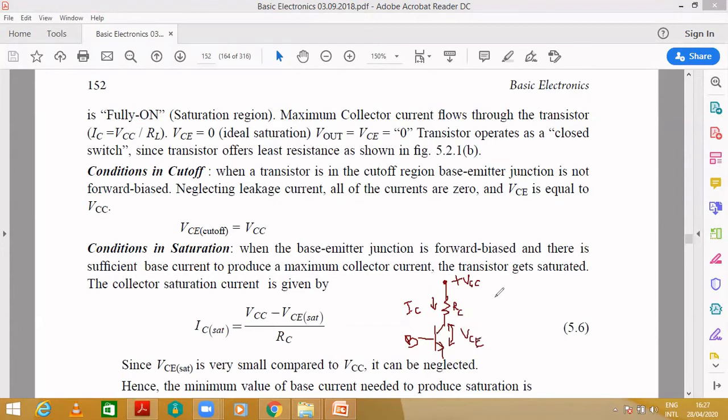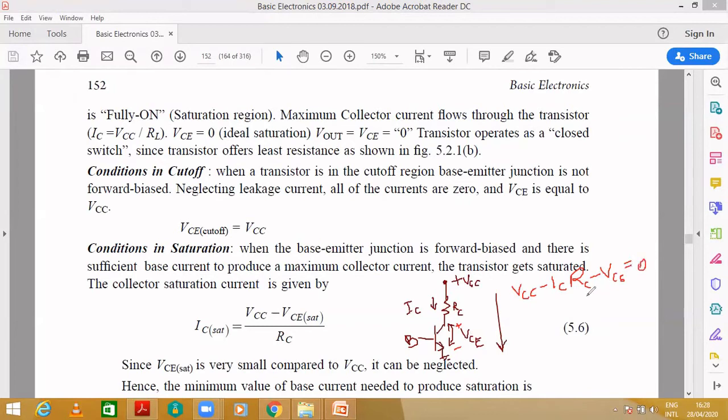If I apply KVL across this, let's start from here, and it is grounded over here. So what is the equation? It will start from plus VCC, the entering point taken as positive, going from positive to negative, minus IC into RC. Next, here it is positive and here it is negative, so again going from positive to negative, minus VCE. Finally it is going to ground, so it is equal to 0.